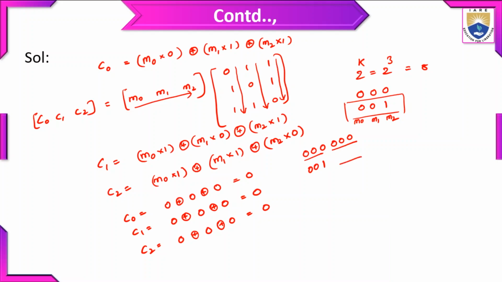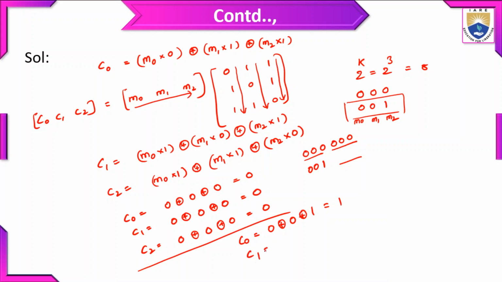Again you substitute. So C0 is equal to 0 XOR M1, 0 XOR M2 is 1. So 1 into 1, 1. Now what is the value? 0 XOR 0, 0. 0 XOR 1, 1.